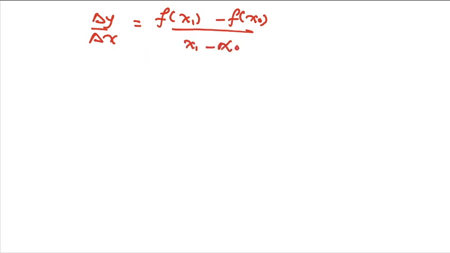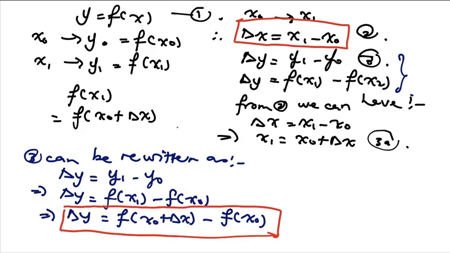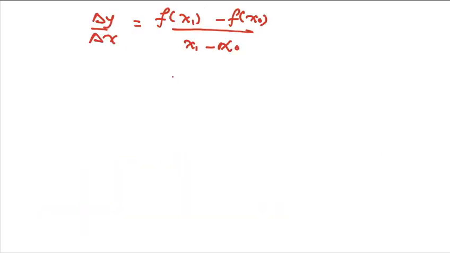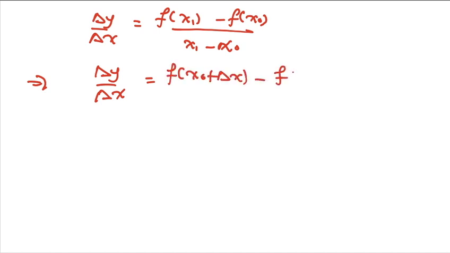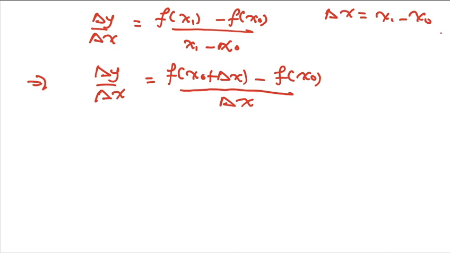But if we use whatever we have here, then we can rewrite it as the following. This implies change in y over change in x equals f in brackets x0 plus change in x, minus f of x0, over change in x, because change in x is x1 minus x0.